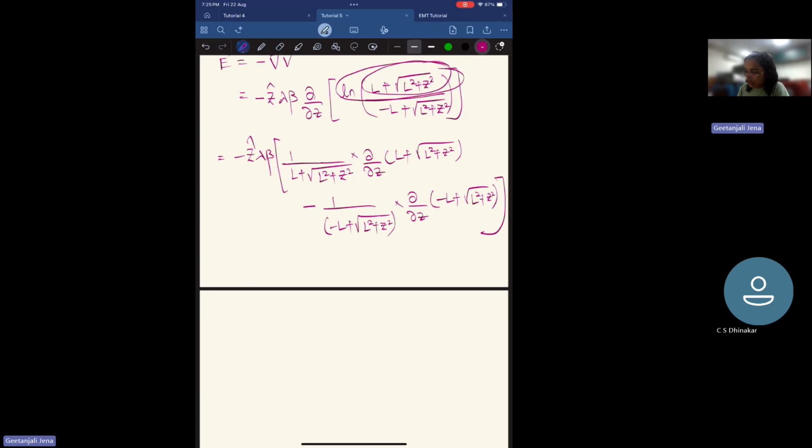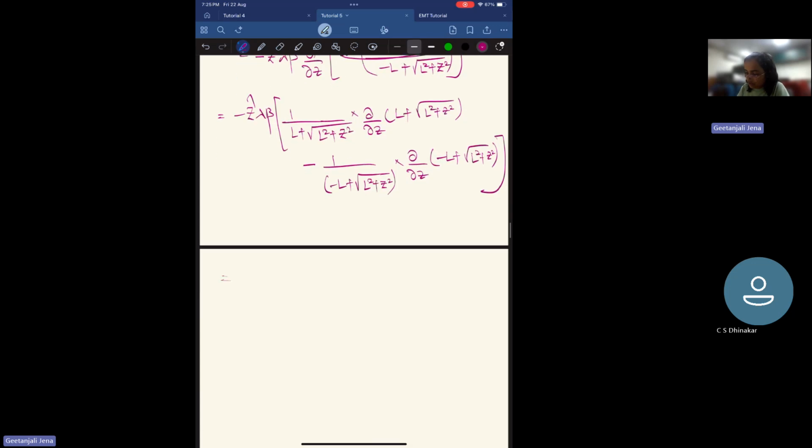I think it's better if I write it on the next page. We'll get z over L plus square root L square plus z square, and there is z square plus L square.